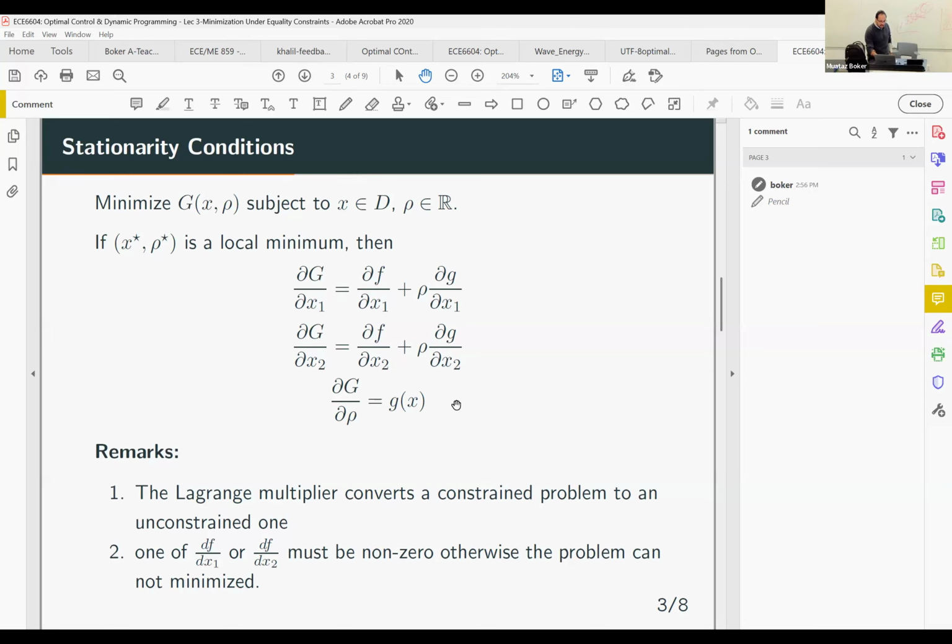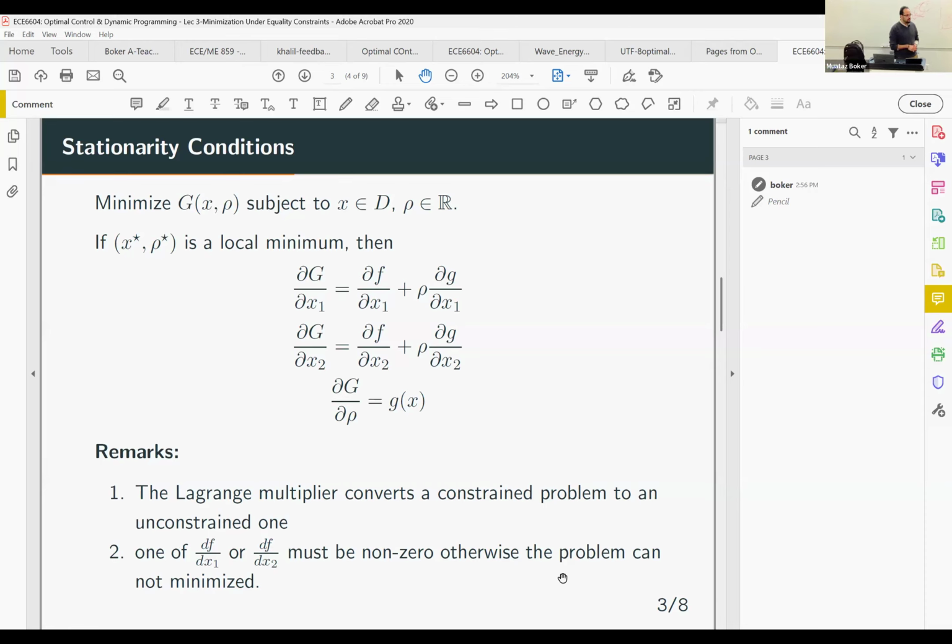All these three conditions need to be satisfied and minimized. So this is the key: the Lagrange multiplier converts a constrained problem to an unconstrained problem. And the second one is just technical, meaning that either the partial of f with respect to x1 or the partial of f with respect to x2 must be non-zero, otherwise the problem cannot be minimized. This is a technical condition for the problem to make sense mathematically, okay?